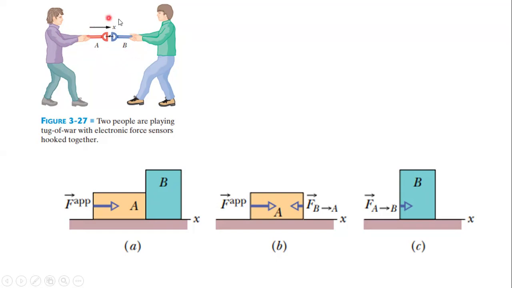In that case, the third law is not applicable. It is only applicable if the two forces are equal to each other. If the pulling forces of the two people are equal, then constant velocity is the answer for Newton's third law.